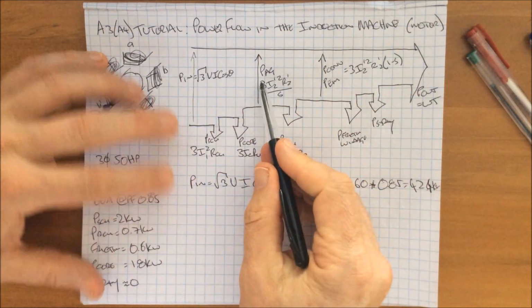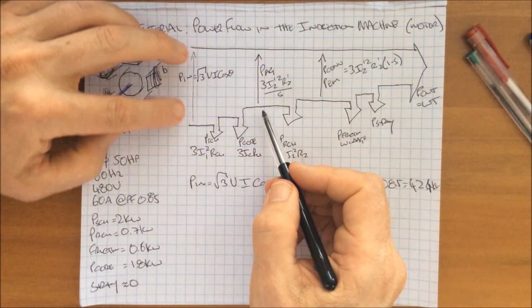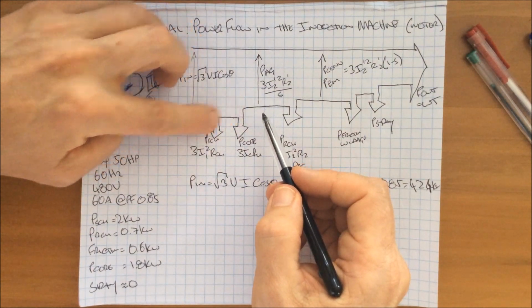We can figure out the power in the air gap, which is simply this power minus these two powers.